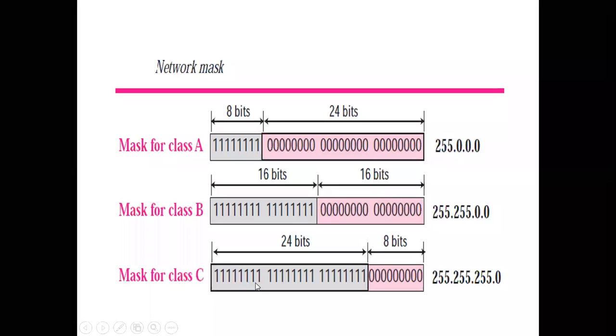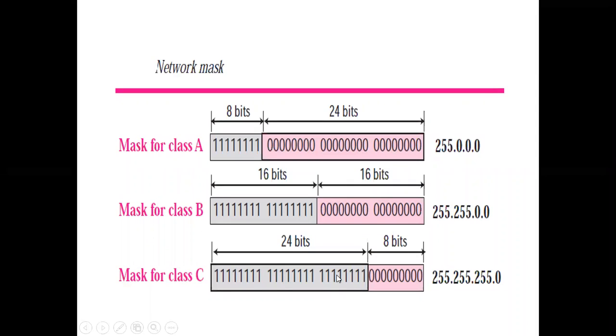Come to class C. First 8 bits, second 8 bits, third 8 bits, in this way 24 bits are used for the prefix value. That means you have the number of network bits as 24 and all bits will be 1. Please students understand, the network bits will always be 1.